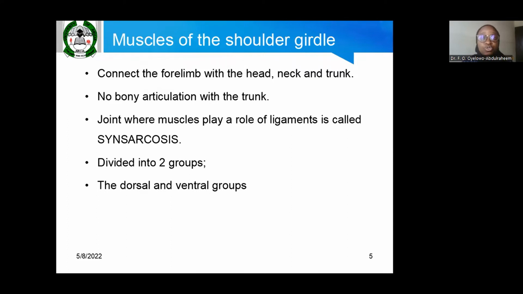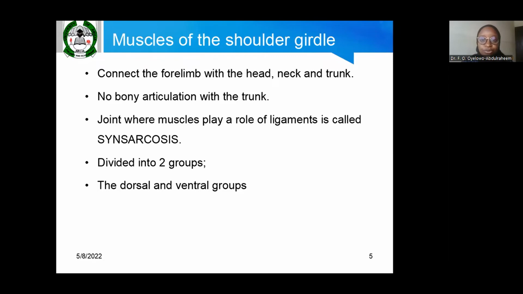There is no true joint between the forelimb and the trunk, thereby no bony articulation with the trunk. The joint where muscles play the role of ligaments is called synsarcosis. So these synsarcotic muscles are divided into 2 groups, the dorsal group and the ventral group.